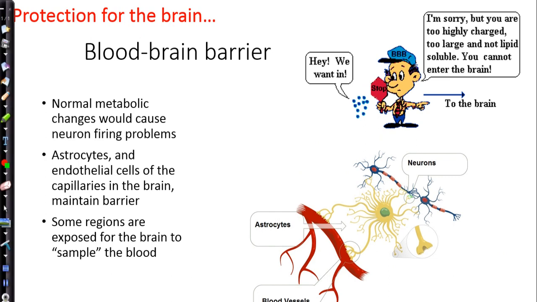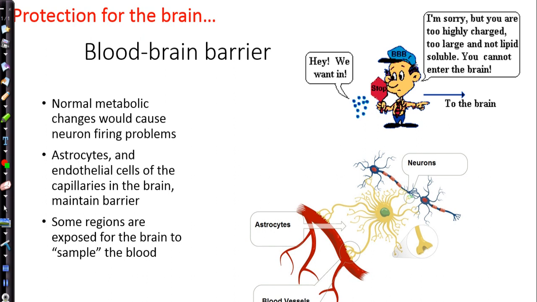You see that the astrocytes here are going to wrap around and protect these blood vessels, and they prevent things from simply diffusing out. And since they don't diffuse freely out, things like pathogens, viruses, and some chemicals that would normally just come out of the blood because they have a chance to, aren't going to come out in the brain. So the astrocytes are helping to form this barrier.